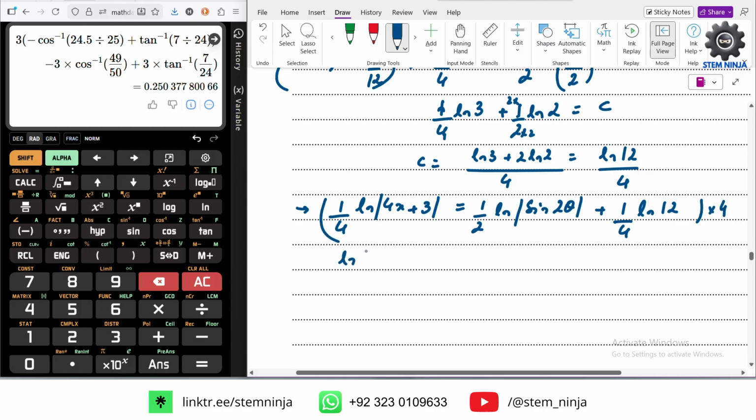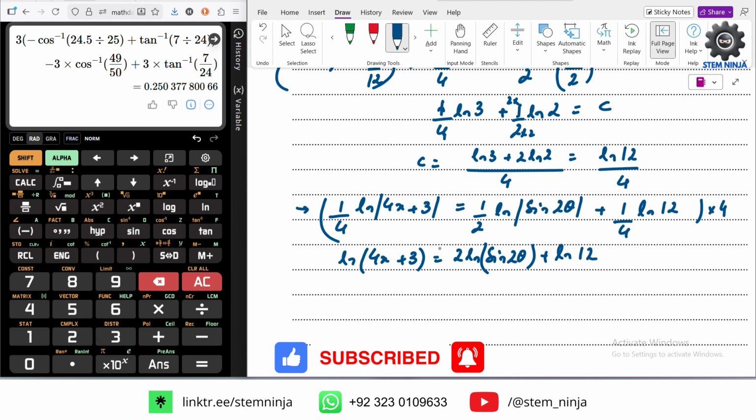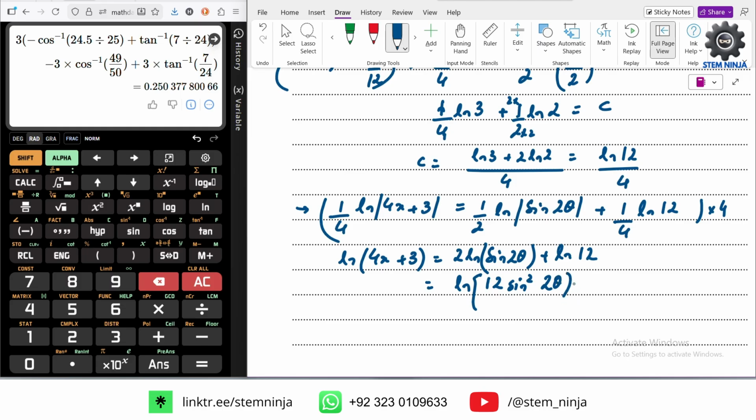We get ln(4x+3) = 2 ln(sin 2θ) + ln 12. This becomes ln of 12 sin squared 2θ, sorry, sin squared 2θ, and this is ln(4x+3).